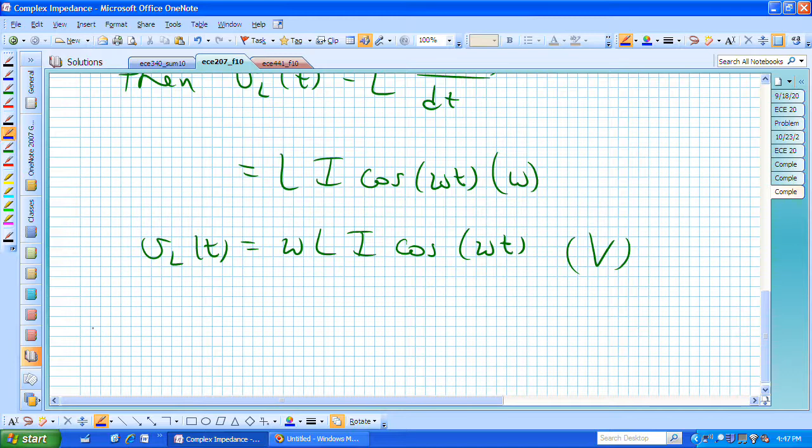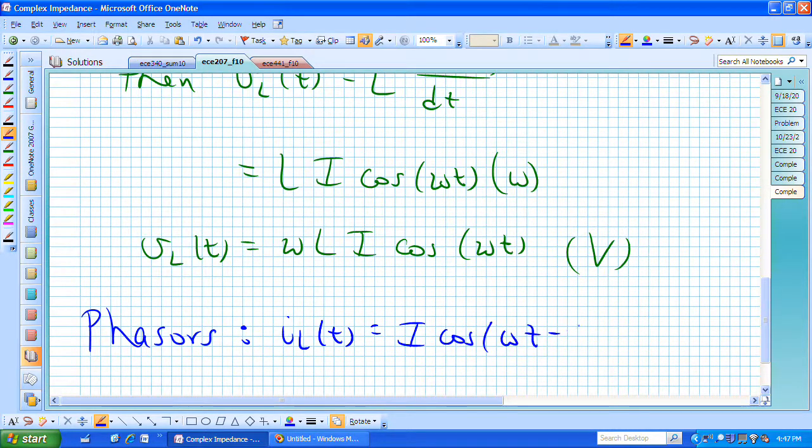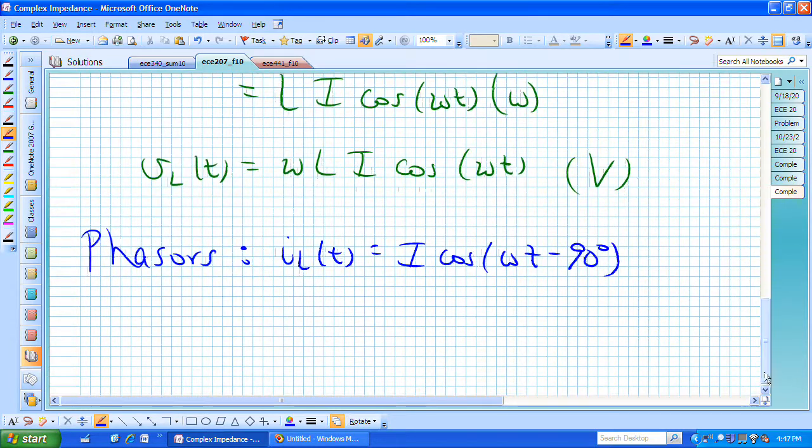Let's now convert those to phasor forms. We had I sub L of t was I cosine omega t minus 90 degrees, and V sub L of t, because of V is equal to L di dt, was omega L I cosine omega t.